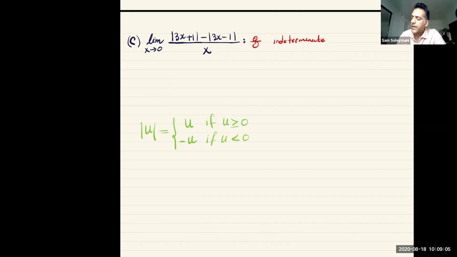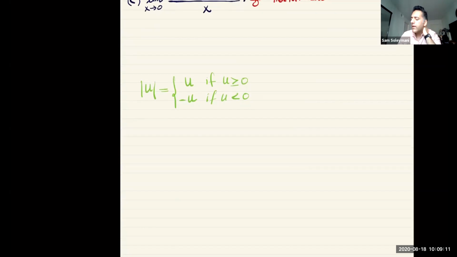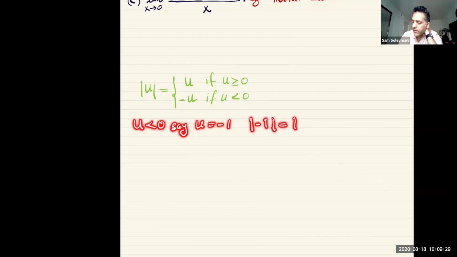What does that mean for many people who don't understand this definition? Let's say I take u to be negative, say u is negative 1. Absolute value of negative 1 is equal to 1.